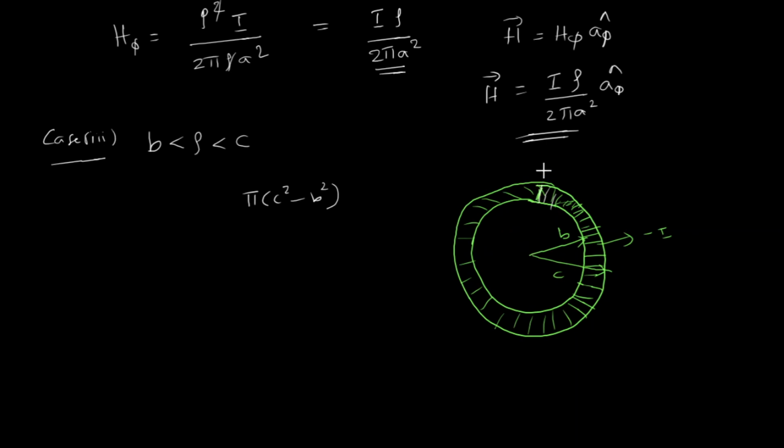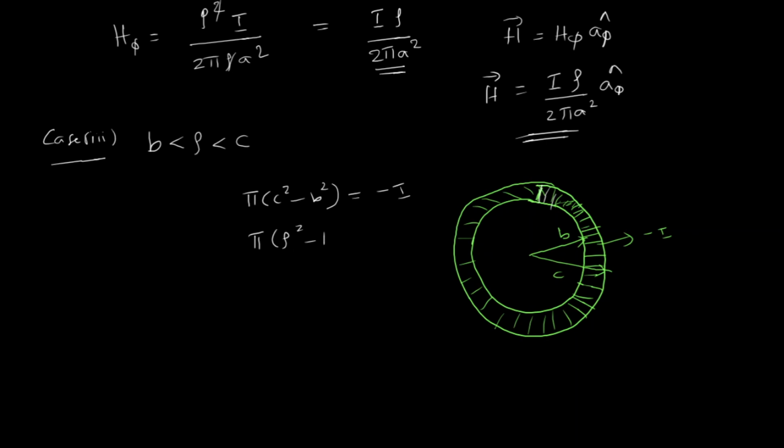The total cross section is pi C square. The cross section till here is pi B square, but current is flowing through the remaining cross section. So pi C square minus pi B square. Pi is constant, so I take it out common: pi times C square minus B square. So this is the total current minus I. So minus I is flowing through this cross section. But now my new cross section is only this much, pi times rho square minus B square.